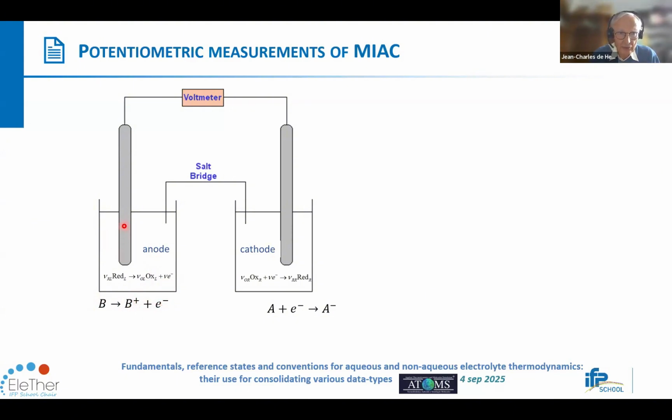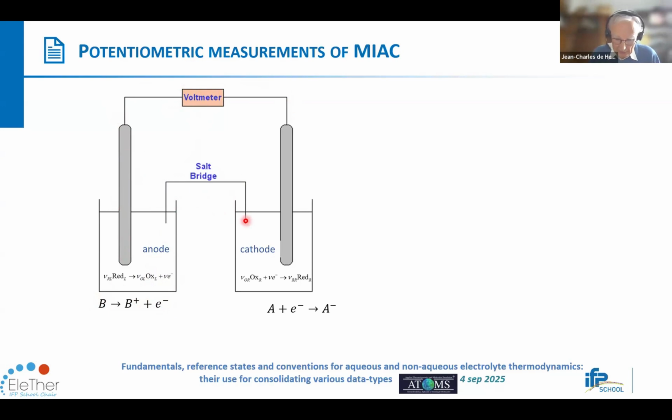So the electrons are going to accumulate in the anode and therefore create a potential difference between the anode and the cathode. And the salt bridge in between the two is such that the ions can migrate freely between the two solutions.